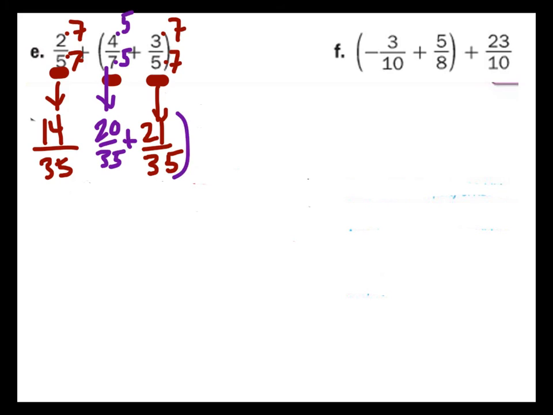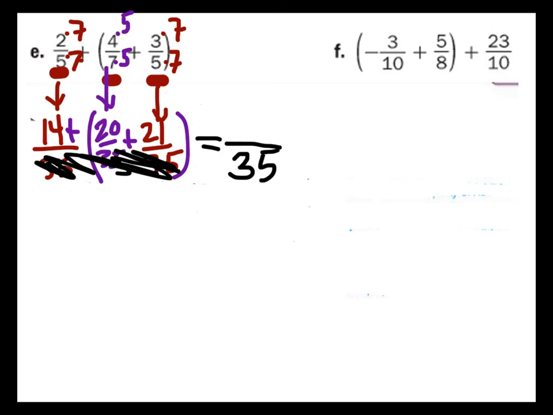This is addition. This is in parentheses and plus. Since I have common denominators, I know that my final denominator will be 35. And I can ignore these. So from here I just do 21 plus 20, which is 41.